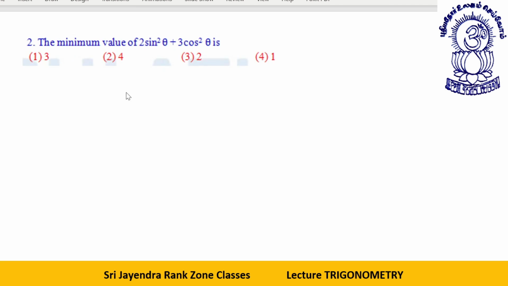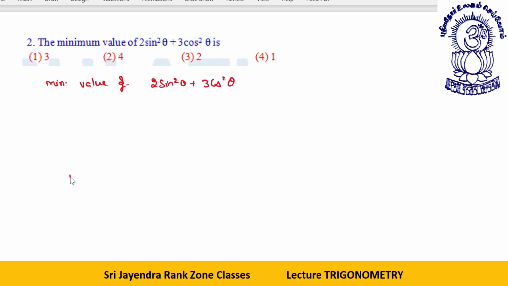The minimum value of, this is a good question, minimum value of 2 sine square theta plus 3 cos square theta. How do we go about this? See, let me tell you theory first.